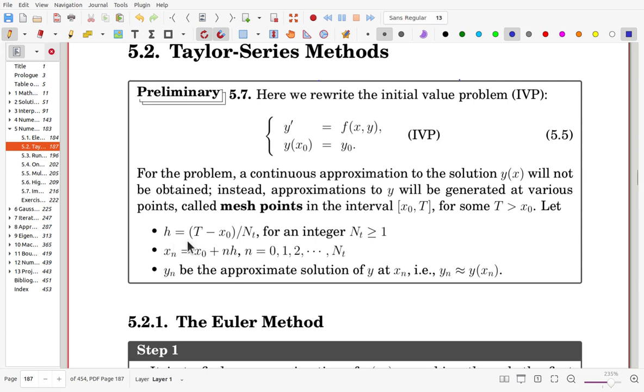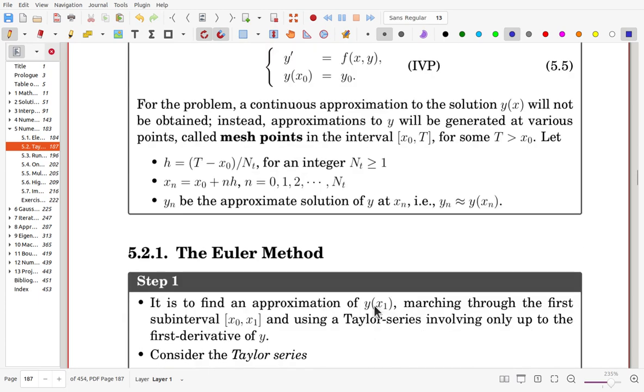So here h is (T minus x0) over capital N, for some positive integer N. Here we name the mesh points xn. Xn is x0 plus nh as usual, and y sub n is the approximation of y at xn.